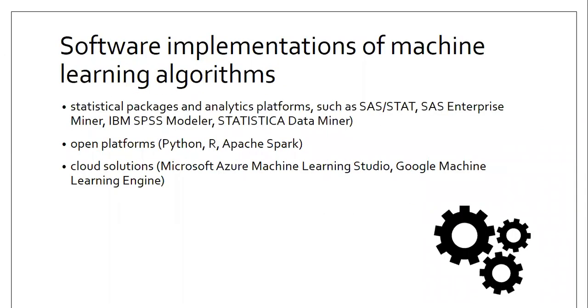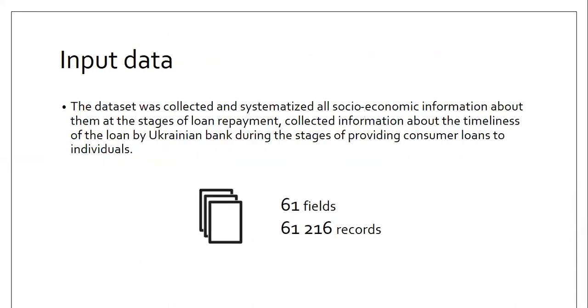So now let's have a look at the slide about software implementation of machine learning algorithms. All these packages, platforms, and cloud solutions can be applicable to binary classification problems, but in our study we focus on IBM SPSS Modeler.